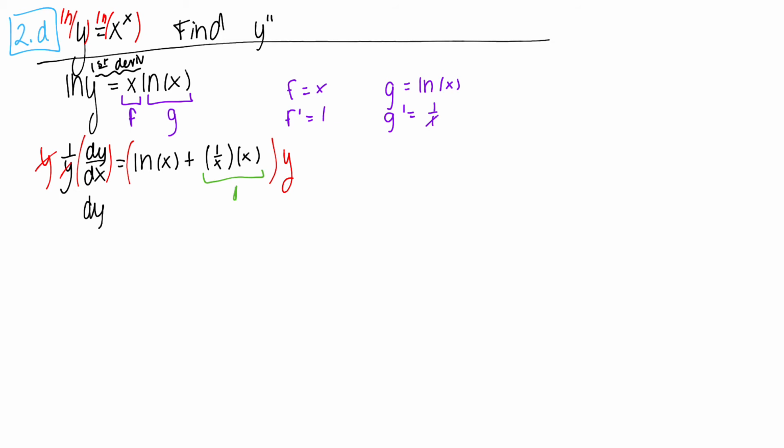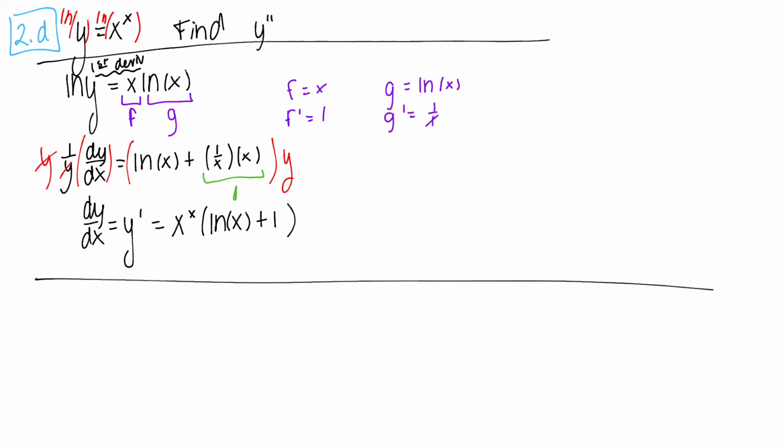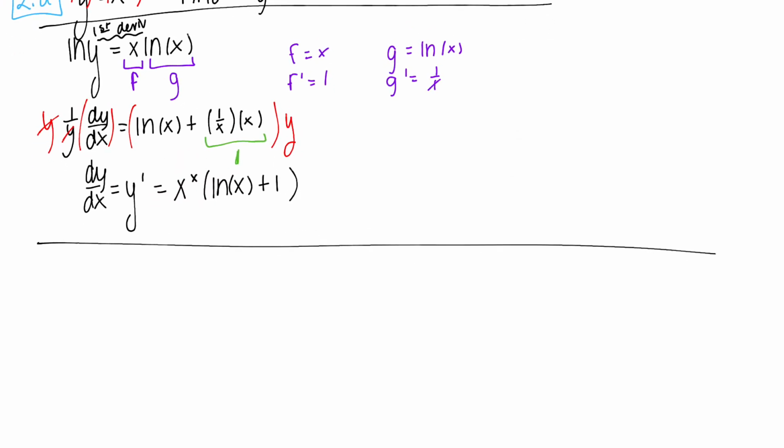So you get dy dx, which is the same thing as y prime, is equal to x to the x, ln x plus 1. Now, the hint says, you've already found the derivative of x to the x. So when you go to do this second derivative, you have to do product rule here, right?